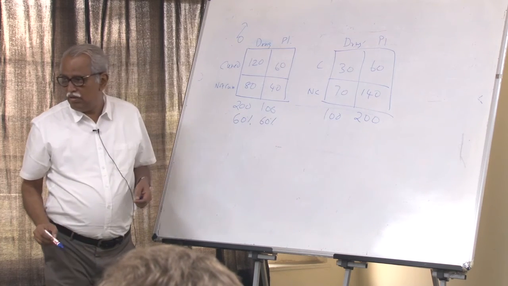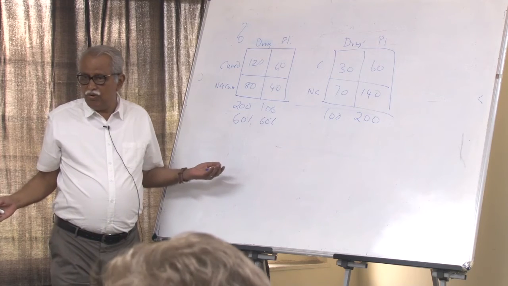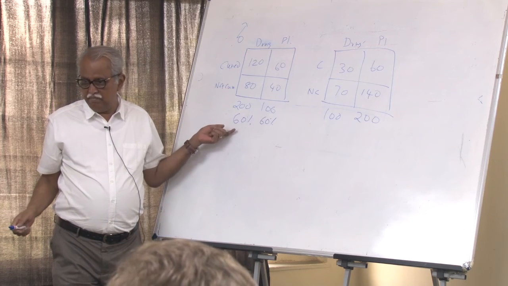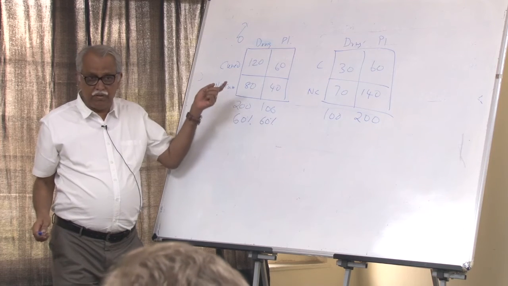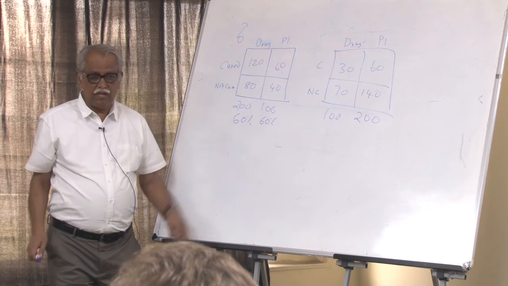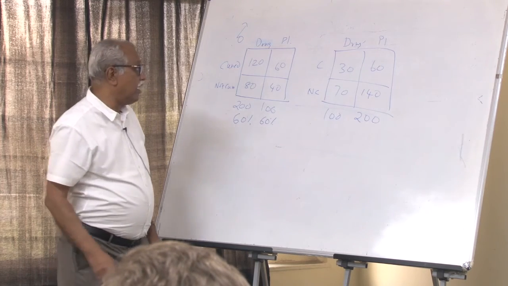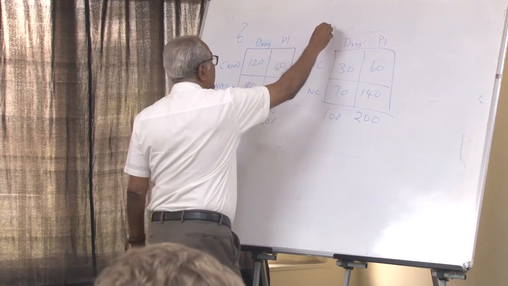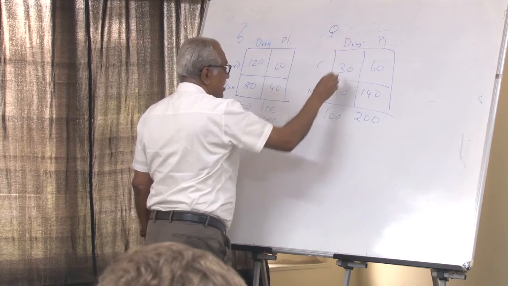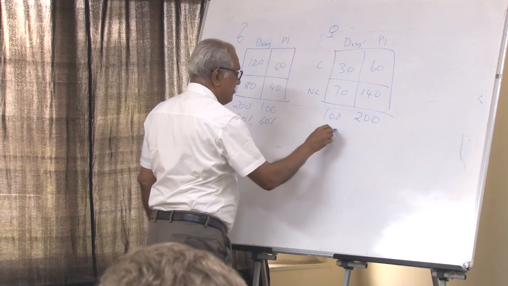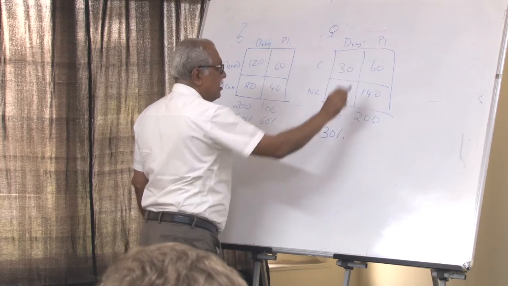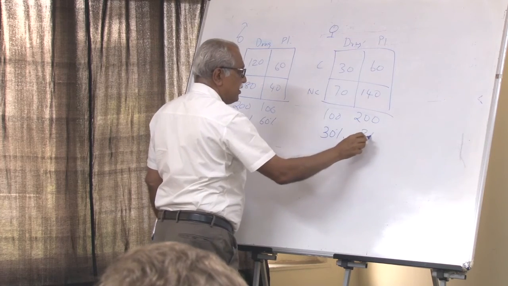Correct? Because both have exactly the same cure rate. Now, look at the women. Cure rate is 30% in the drug group. Placebo group also 30%. Clearly, the drug is no good for women either.